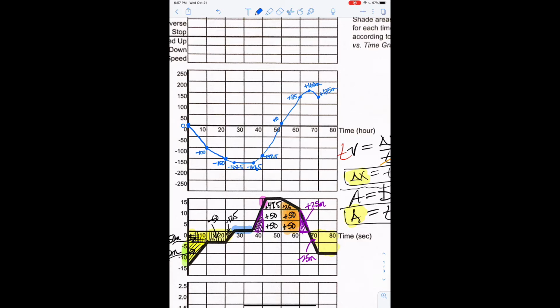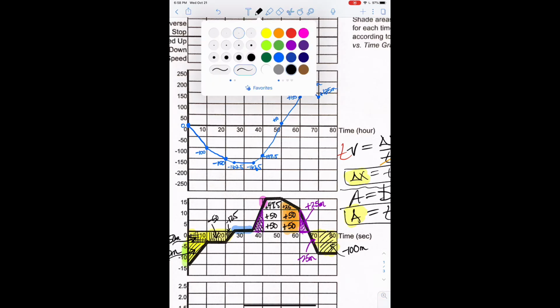So then we got a final 10 seconds of this area right here. Let me show you. It looks like two squares or boxes. So this is going to be worth negative 100. Base there is 10 seconds. Height is negative 10. 10 times negative 10 is negative 100 meters. So let's go ahead and add that negative 100 meters on.